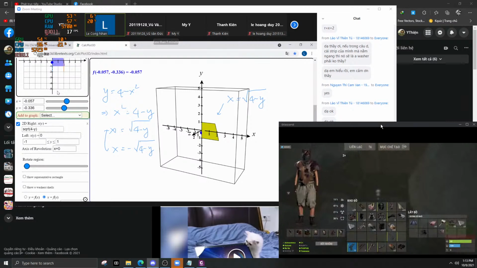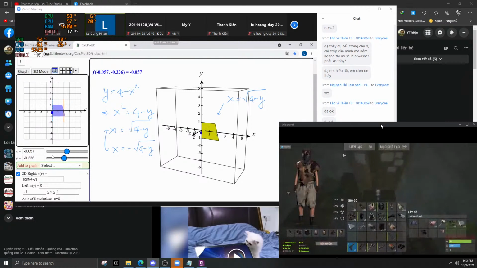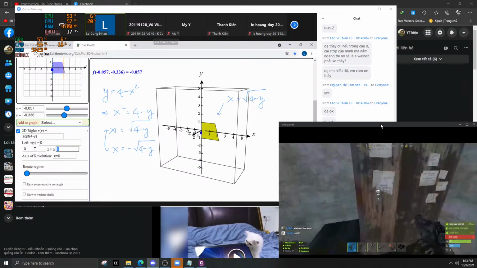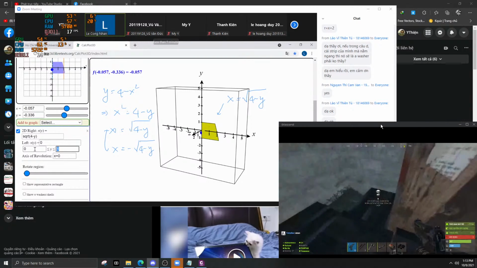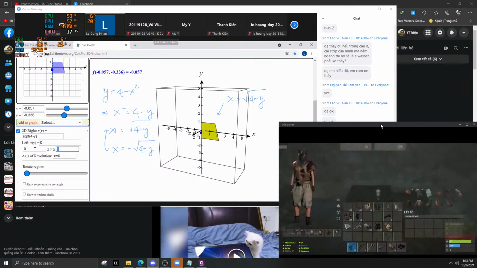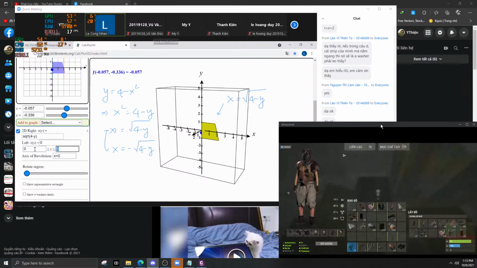So x goes from 0 to the square root of 4 minus y, and y goes from 0 to what value? When x equals 0, then y equals 4.